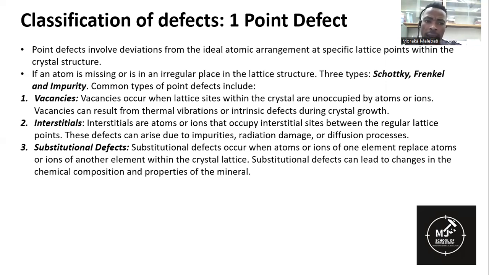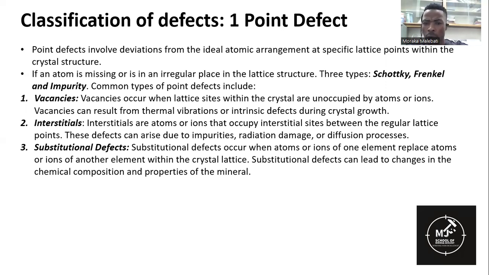Nonetheless, vacancies occur when the lattice sites within the crystal are unoccupied by atoms. We've got the free spaces, the vacancy. Those vacancies can result from thermal vibration or intrinsic defects during crystal growth.